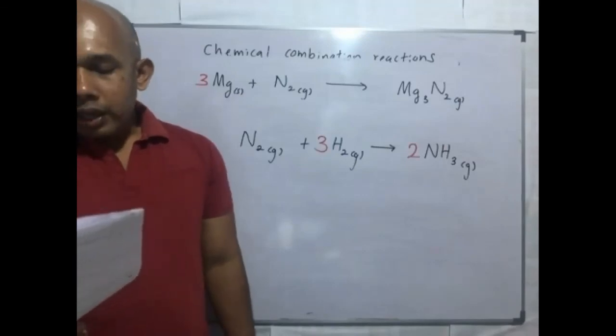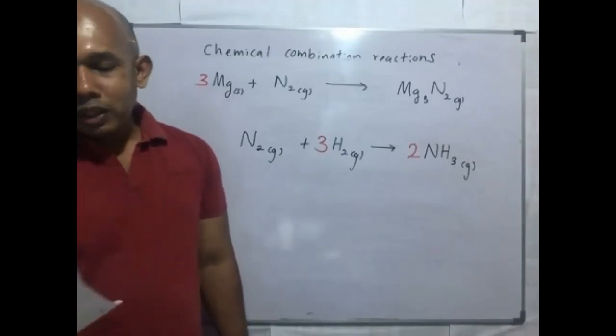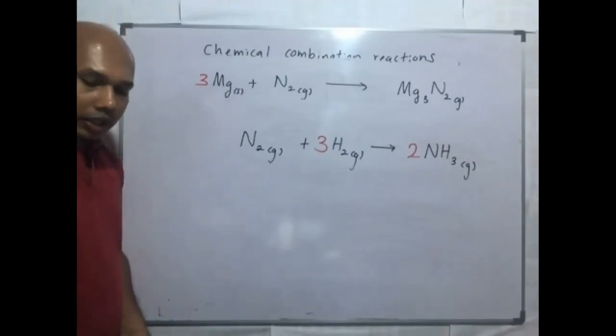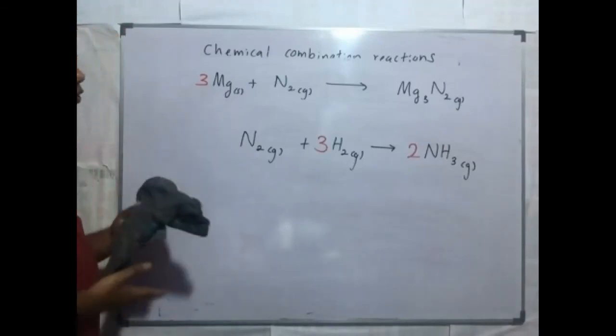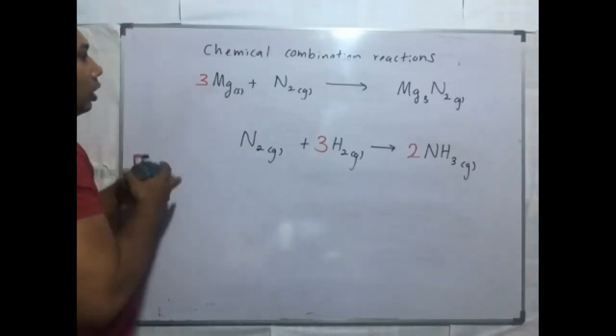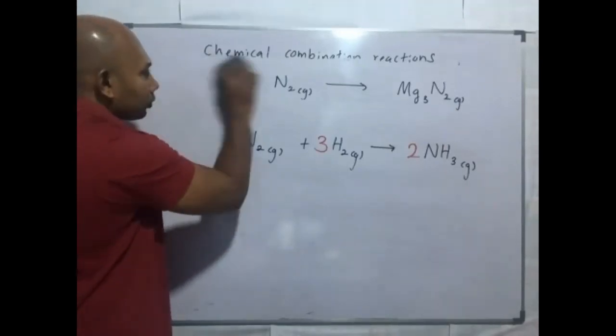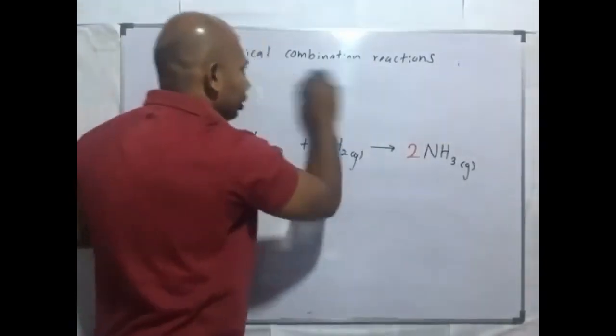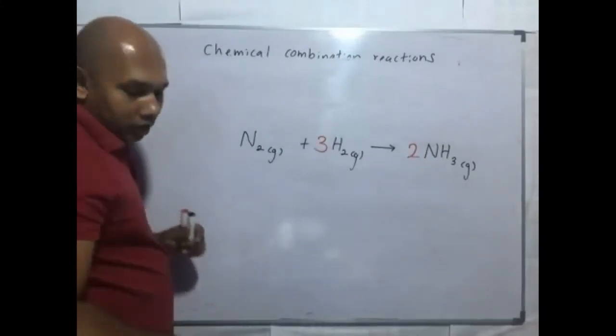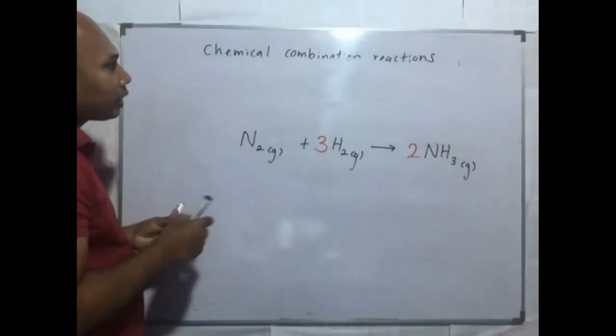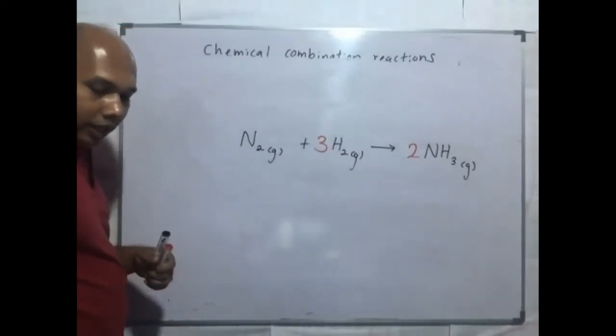Last one, reaction of hydrogen gas with chlorine gas, right? This is one of the vigorous reactions. Explosion can also happen when hydrogen gas reacts with chlorine gas.